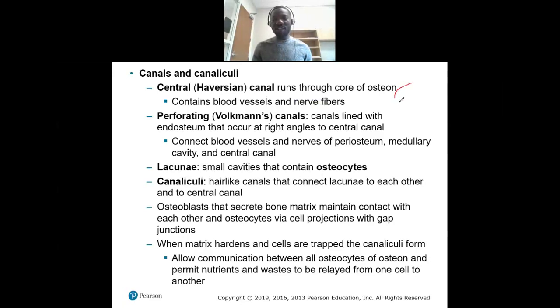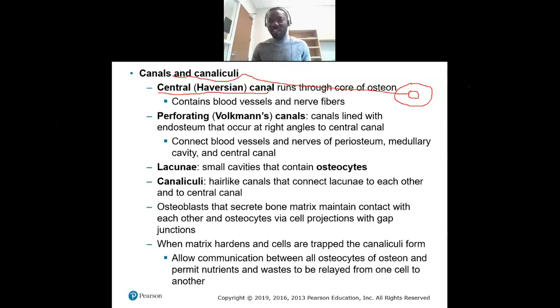The same way you have the Avesian system or osteon, and inside it you have the central canal. So this, just like the nucleus, is a central canal. Central canal, like I told you, is also the same thing as Avesian canal. So sometimes you see it called central canal, sometimes you see it called Avesian canal.